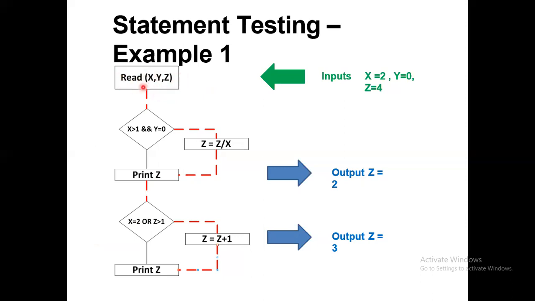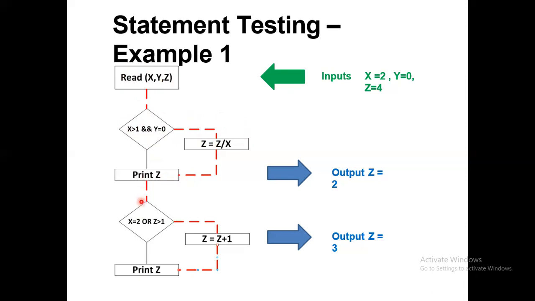Read X, Y, Z. This is the first statement, so this has to be executed. Then I have to execute this particular condition, then this. Since the program does not have an else statement, it is easy.